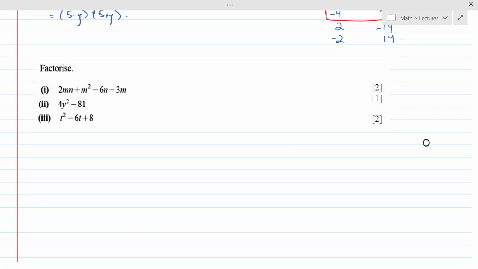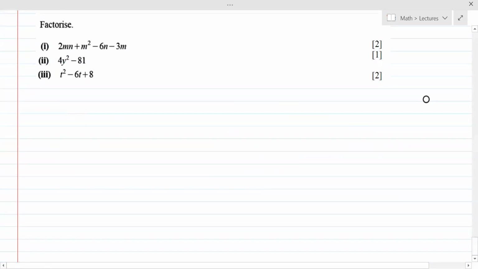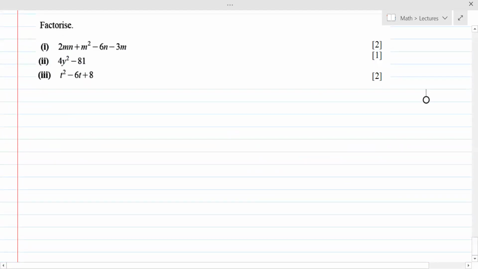Now here again the question says factorize only. So for factorize, we have to keep all the four techniques in mind. The first part is 2mn plus m square minus 6n minus 3m.